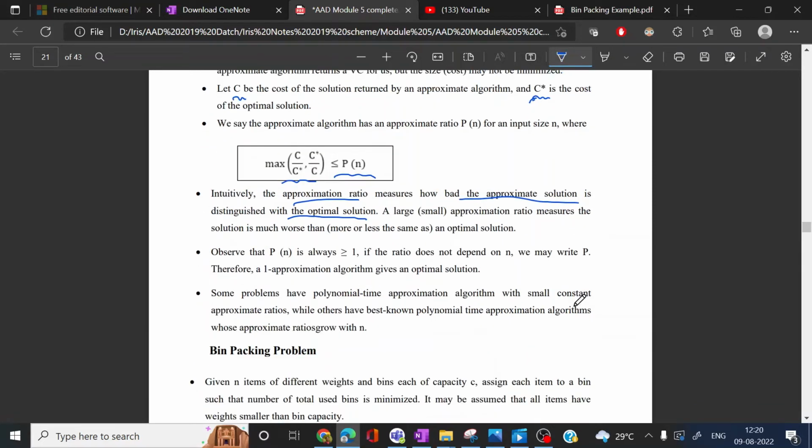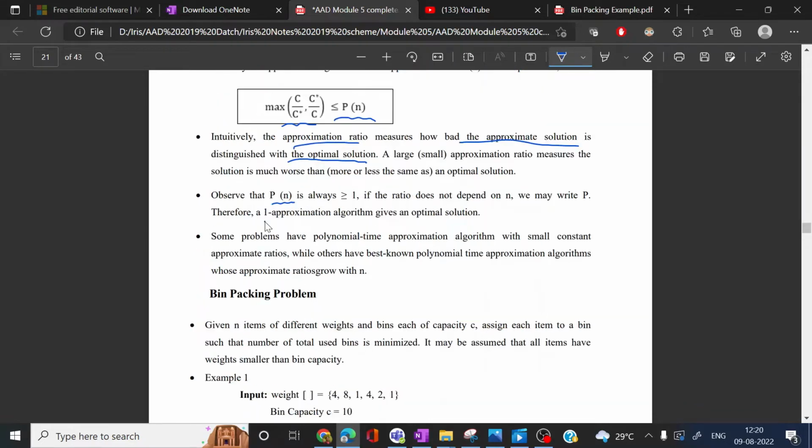If this P of n does not depend on n, it can be written as one. Some problems have polynomial time approximation algorithms with small constant approximation ratios.